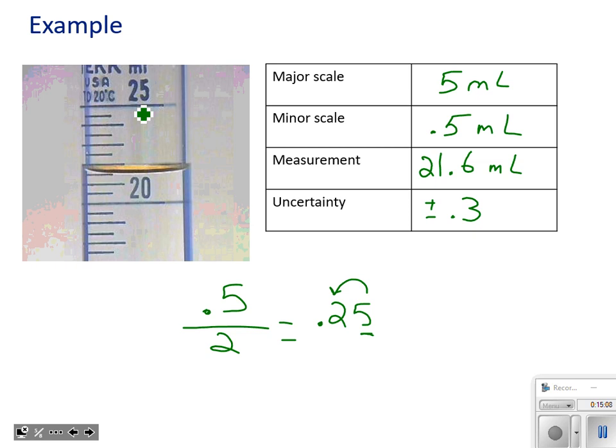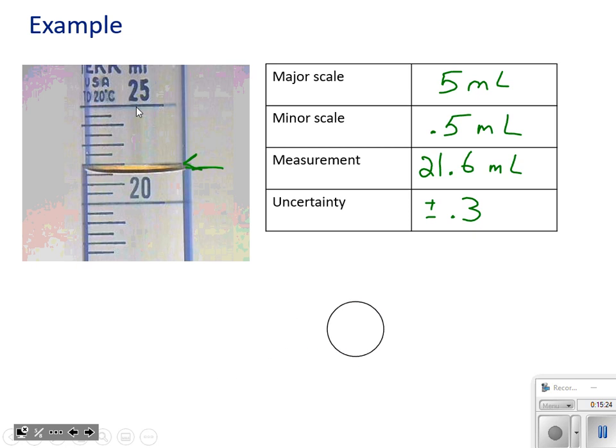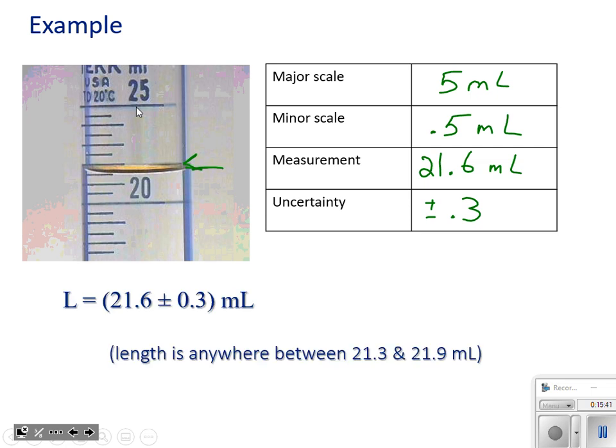I'm saying that right here, as I'm looking at the bottom of that meniscus, that is not exactly touching that 0.5 line. It's a little bit higher. So, when I am dealing with my numerical range, I'm going to have 21.6, plus or minus 0.3. 21.6 minus 0.3 is going to give me 21.3. 21.6 plus 0.3 is going to give me 21.9.